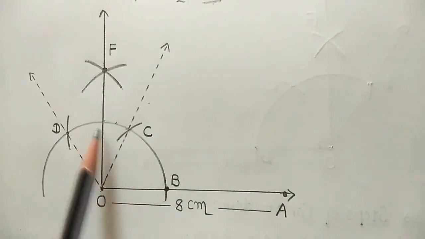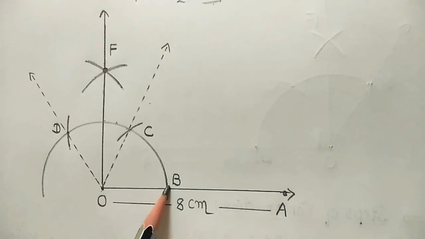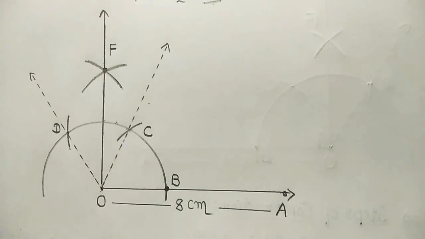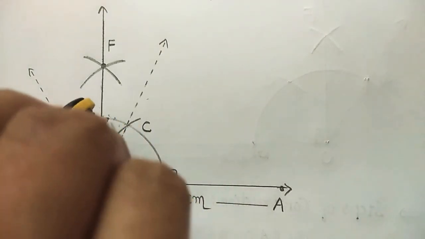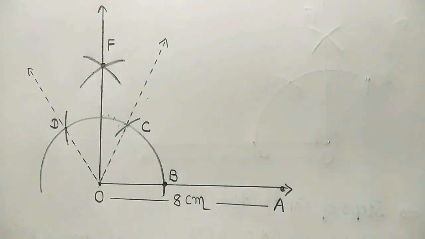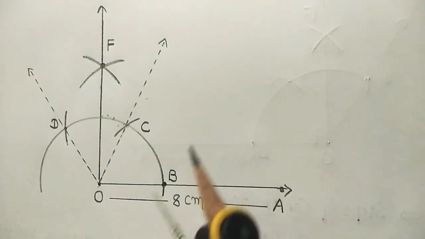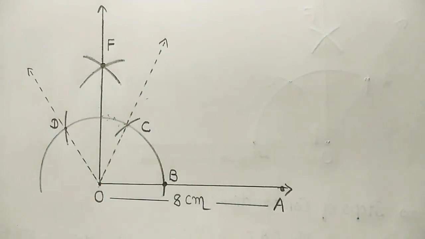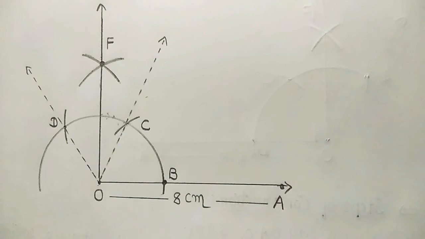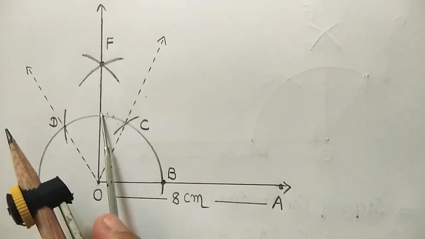This much arc we will consider and will draw a bisector. Remember students that we will consider the arcs on the semicircle only, right? So on the semicircle we have the B, C points and this point, right?